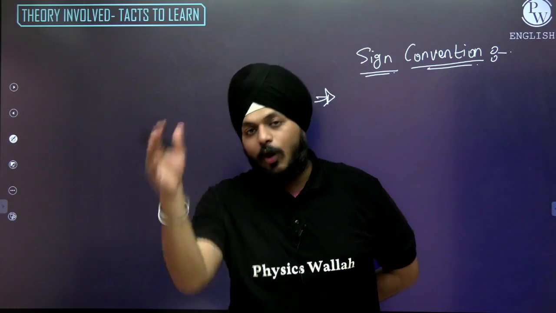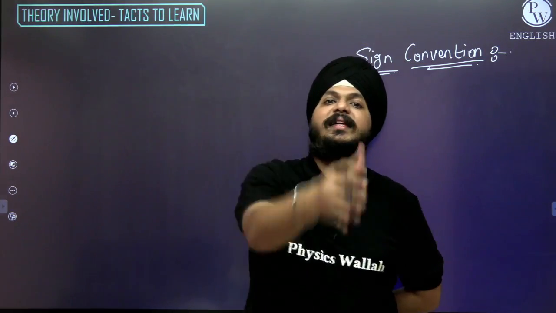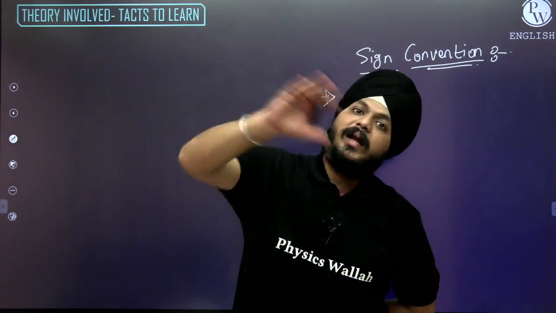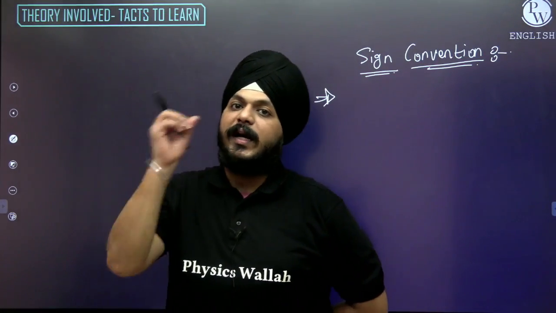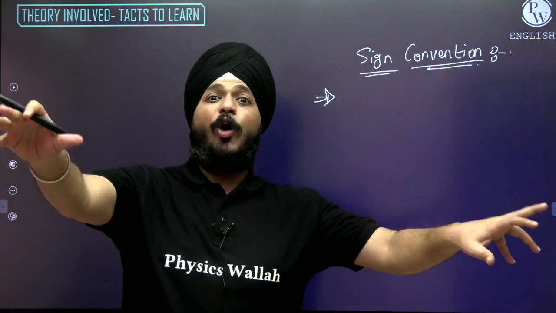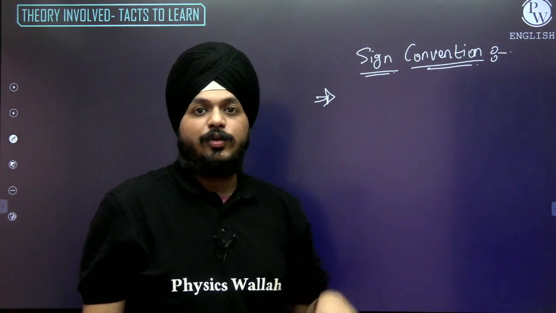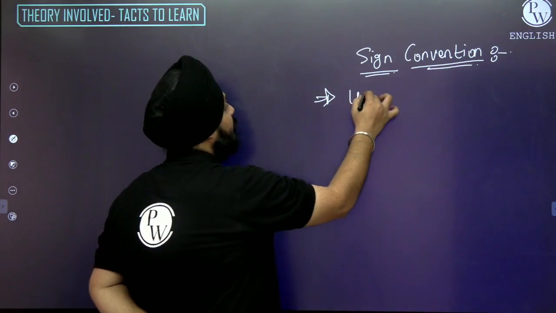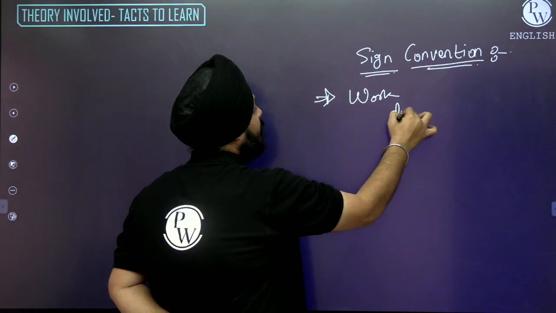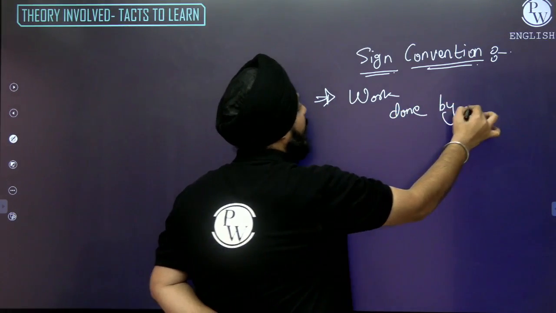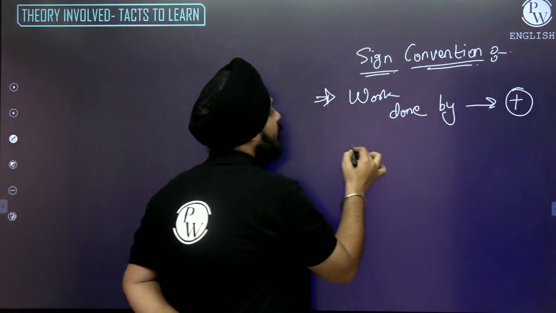Some take clockwise as positive, some take anti-clockwise as negative, and some are confused between physics and chemistry. So let's leave all of that first. Work done by the system is positive.